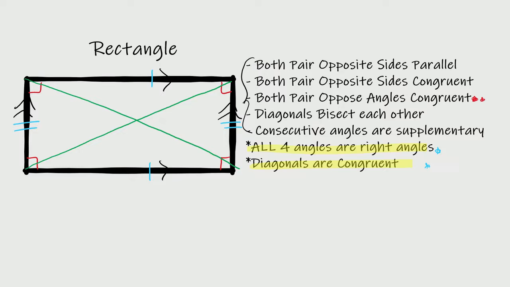They're the same length, which is telling me that if these are being bisected, and I say this has a measurement of 3, then all the rest of the parts of the diagonals are also going to be 3 because they're congruent to each other and they bisect each other, right? So that's the extra properties that we get for a rectangle: the 4 right angles and the congruent diagonals.